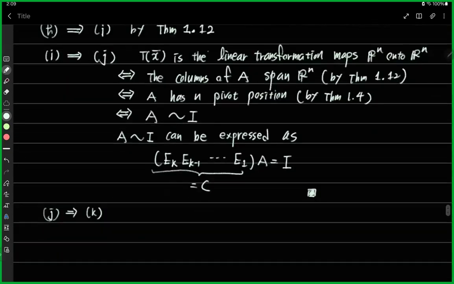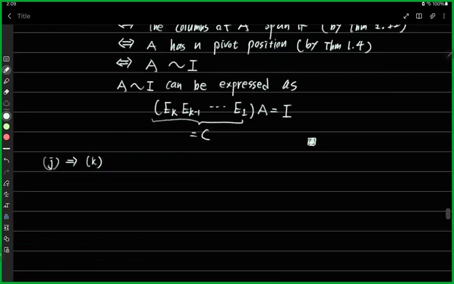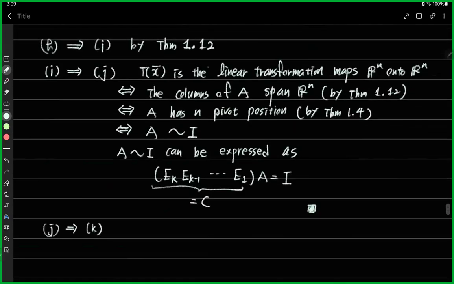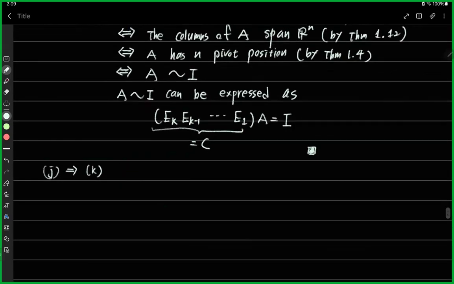Okay, so from the proof above, I'm going to recycle the proof in that statement. So we have EK and then EK minus 1 through E1. From there, what are you going to do?